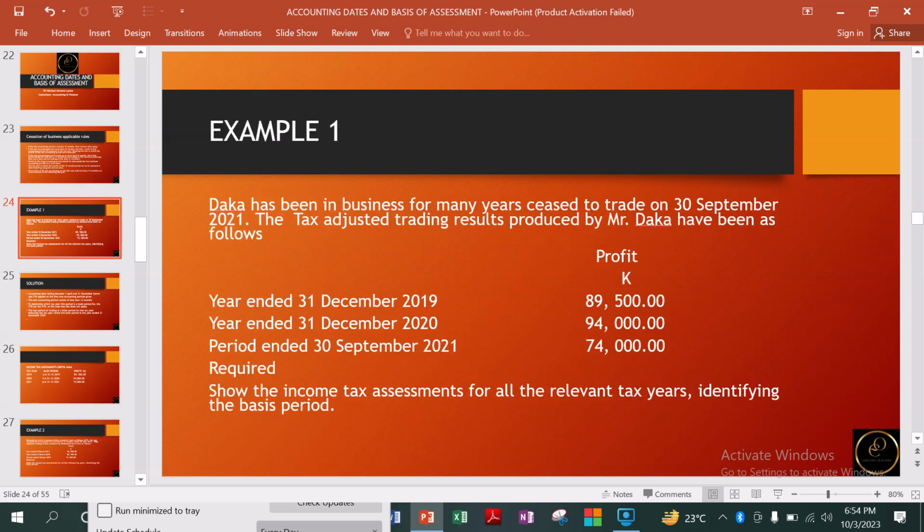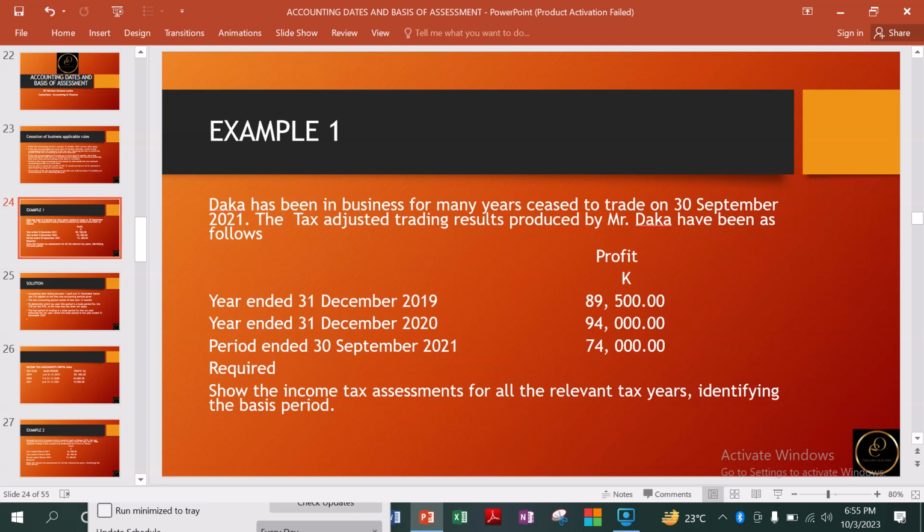Example 1. We are looking at Mr. Daka, who has been in business for many years and ceased to trade on 30 September 2021. The tax adjusted trading result produced by Mr. Daka has been as follows. We have these three periods, the first two of 12 months.